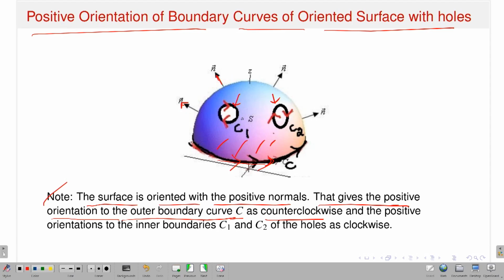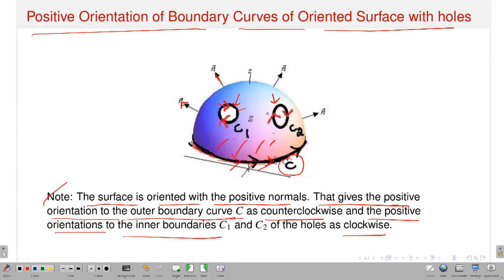Now you see, since the surface has two holes, except for C I will have two more boundaries, C1 and C2. But this time, as I have written, the positive orientation of the inner boundaries C1 and C2 of the holes is clockwise. That means in the inner holes C1 and C2, if I move in the clockwise direction, my surface stays on the left hand side.